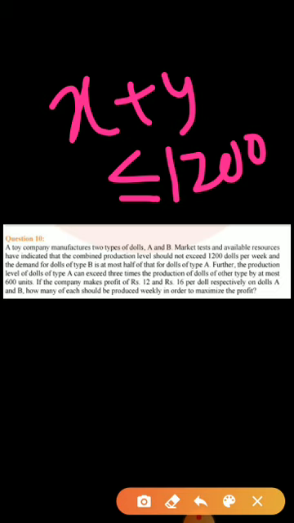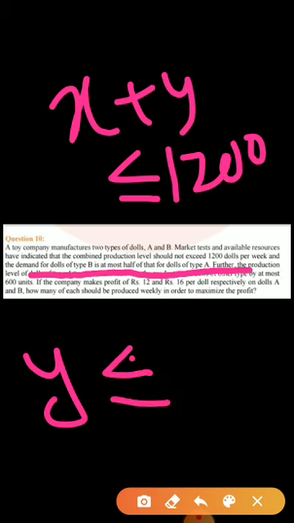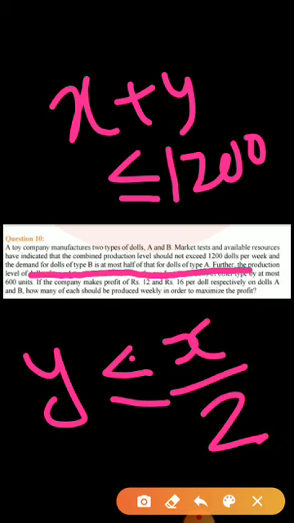Then the demand for dolls of type B, production y, is at most half of that for dolls of type A. At most means maximum, so it will be less than or equal to half of type A. So y less than or equal to x by 2. Is this clear? Next.